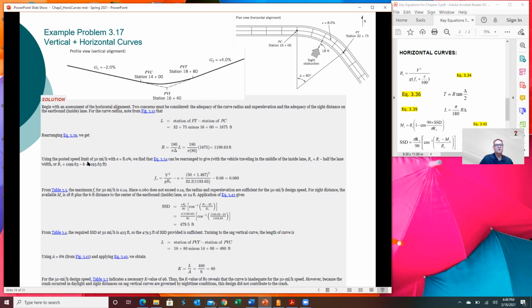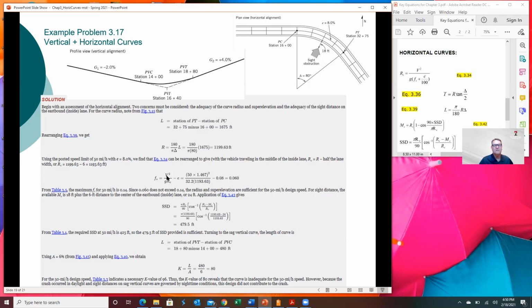So if you use the posted speed limit of 50 miles an hour and you use the 8% super elevation rate, which is given, then you can use equation 334. The only factor in that equation that you don't know is the coefficient of side friction, right?